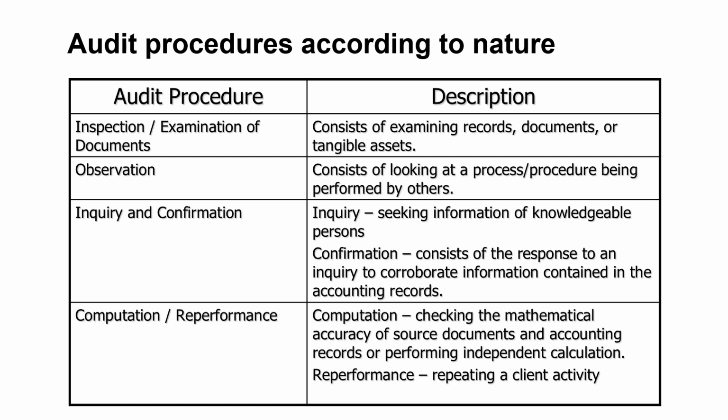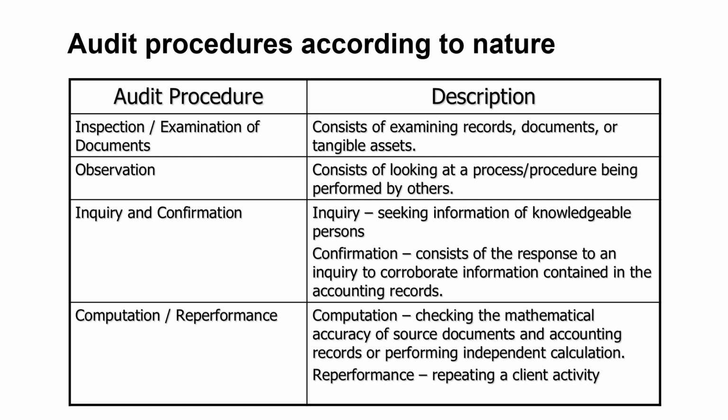You cannot sell the invoice for 1 million. You cannot bring it to the pawn shop and have it pawned for a million. The document itself is paper and it does not hold any inherent value. So when you're inspecting a document or a record, we call that inspection of documents.